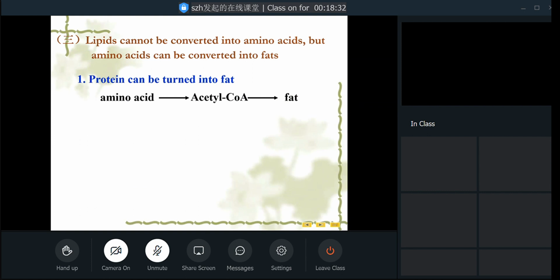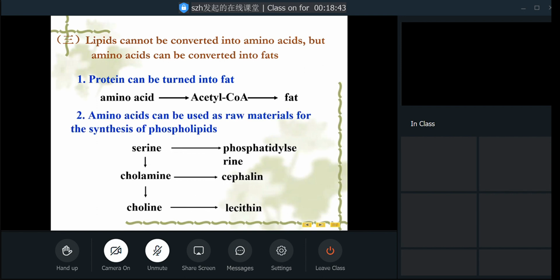And the lipid can't convert into the amino acid, but the amino acid can be converted into the fat. First, you can see protein can be converted to the fat, and second, as we already studied, the amino acid through deamination can produce different kinds of intermediate products. Here, for example, acetyl-CoA is easily used to produce the fat.